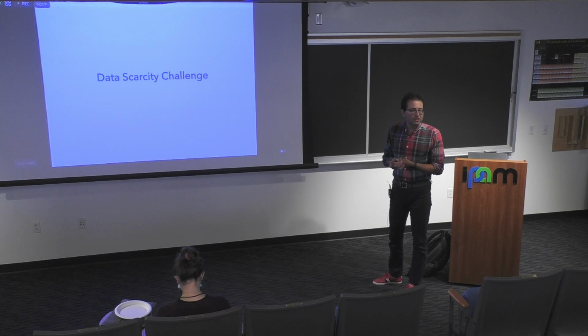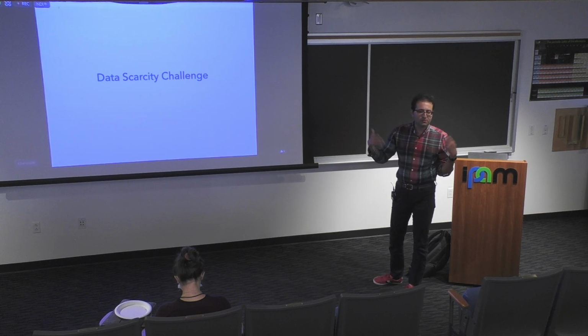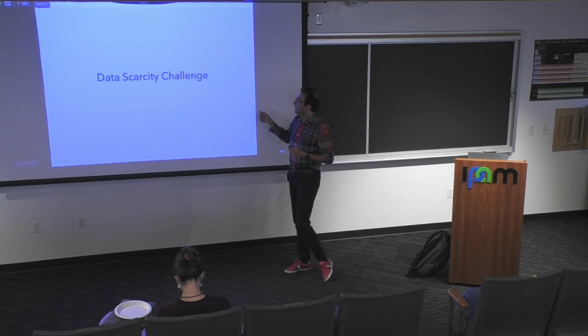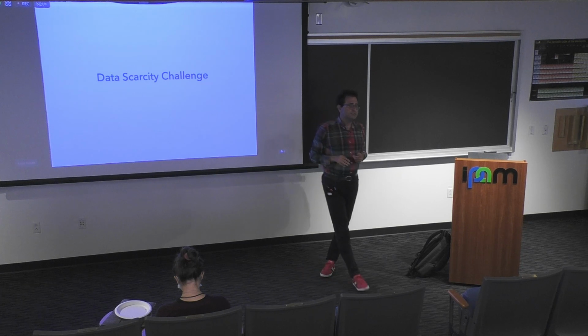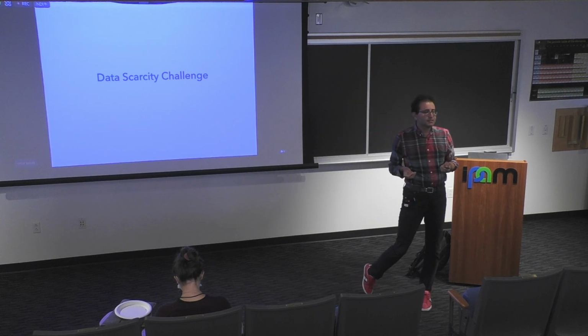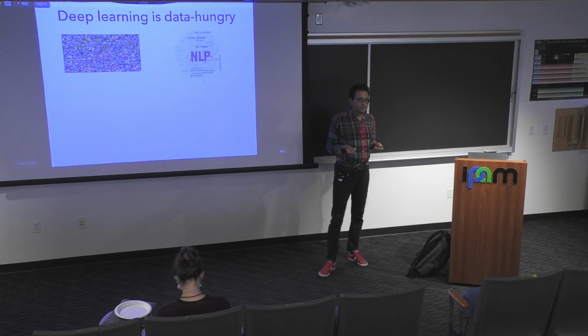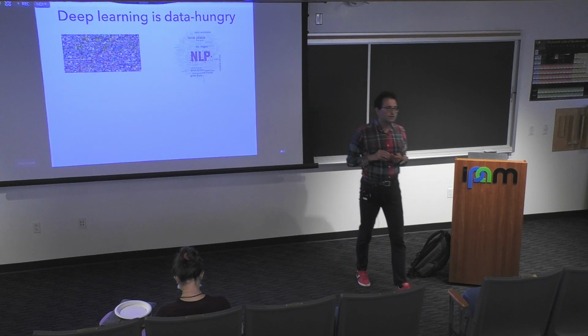So that's one challenge we should be mindful of, because I'll show you some success stories and review some of the algorithms, but these are challenges that we should be mindful of. Another very important issue is data scarcity. It's well known that deep learning is very data hungry.